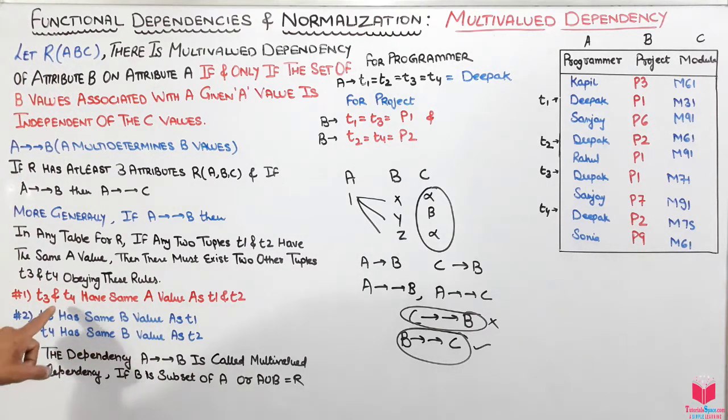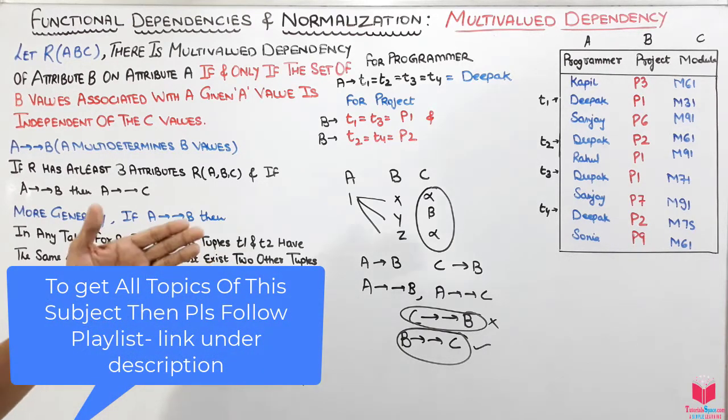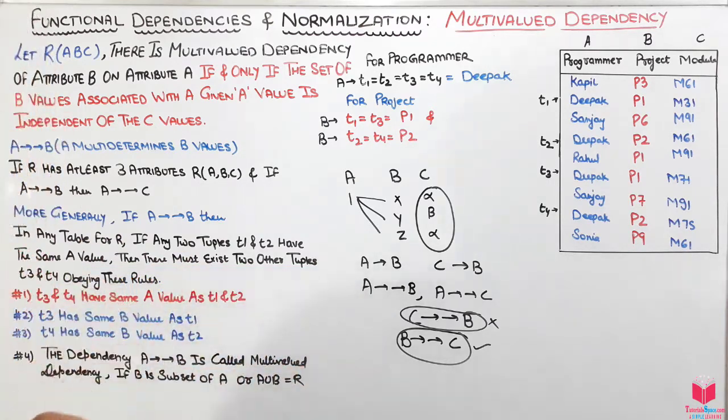T3 and T4 have the same A value as T1 and T2.